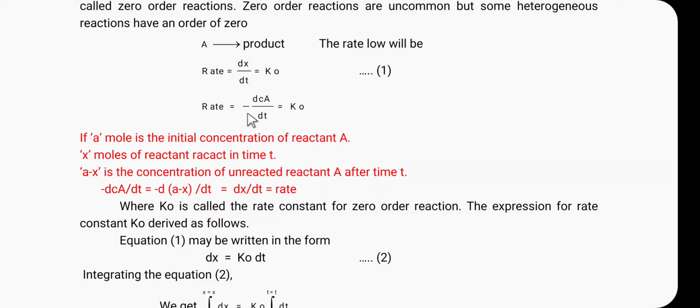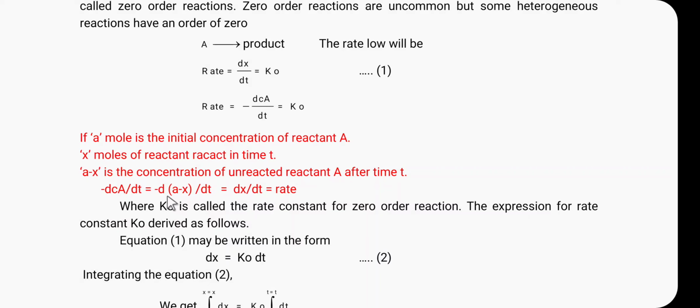So, a, x and a minus x are the very important terms in chemical kinetics. The rate is equal to minus dCA by dt, which means the change in concentration of A with respect to t. So minus dCA by dt is equal to minus d(a minus x) by dt, because a minus x is the concentration of the reactant A after time t.